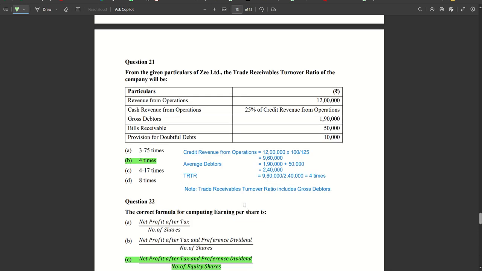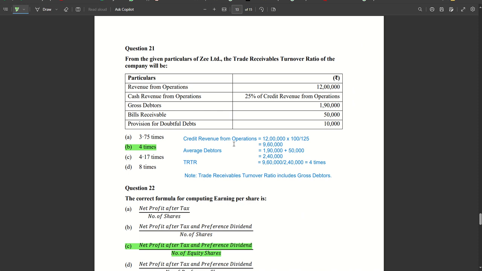Question number 21, another sum on ratio, trade receivables turnover ratio you are required to calculate. Now credit revenue from operations, we have it here as revenue from operations 12 lakhs, 25% of which is cash. So again using the direct method, credit revenue is 9 lakh 60,000.